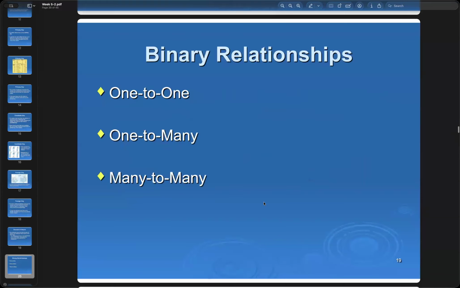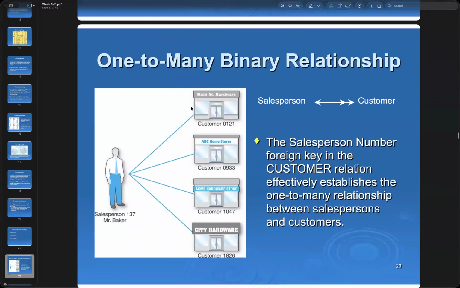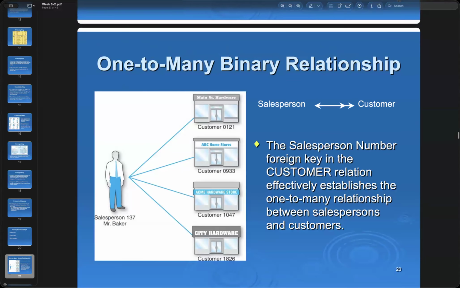Recall what we covered before when we talked about the binary relationship: one-to-one, one-to-many, and many-to-many. For the one-to-many binary relationship, let's say salesperson and customer, a salesperson may serve multiple customers. So salesperson number is the foreign key in the customer relation, effectively establishing the one-to-many relationship between salesperson and customer.